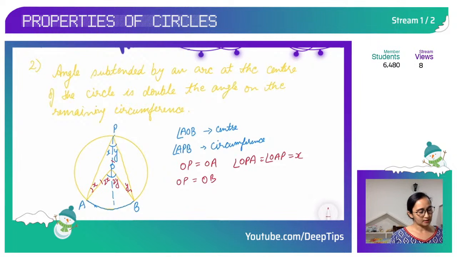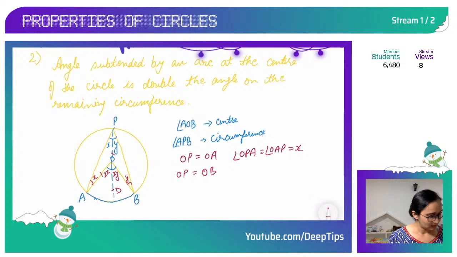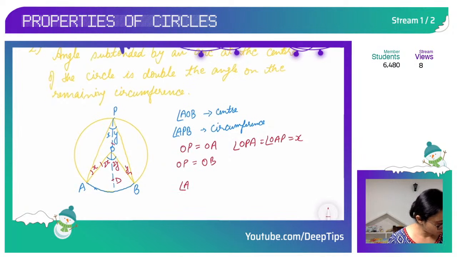Because in triangle APO, if I extend side OP, let's mark this point as D, then angle AOD will be equal to the sum of opposite interior angles, which are x plus x, 2x for AOD, and for BOD they are y plus y, 2y, right? So my angle AOB equals 2x plus 2y, which is double of x plus y.